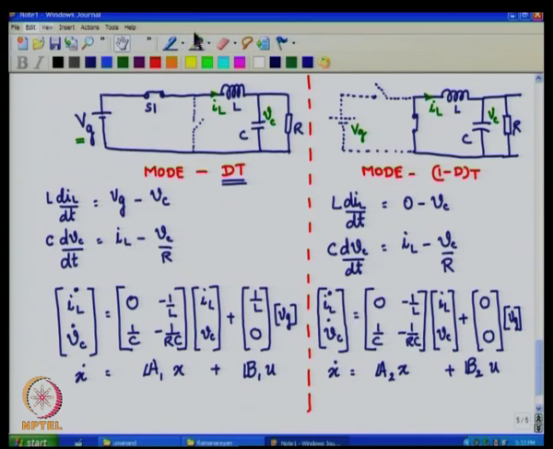Likewise, in a similar manner, the output equation, very simple, is nothing but V naught is our output and V naught is nothing but Vc, and therefore, the C matrix is nothing but 0, 1. I think we shall use a fresh page for this purpose.